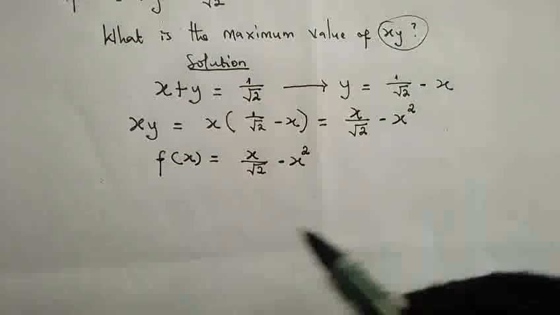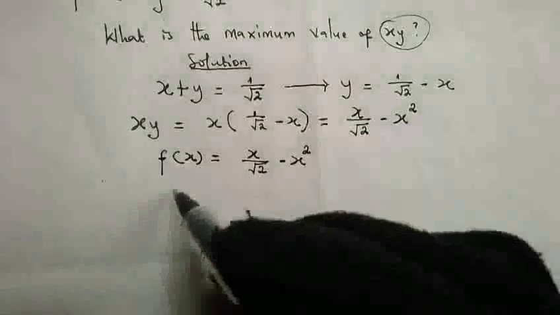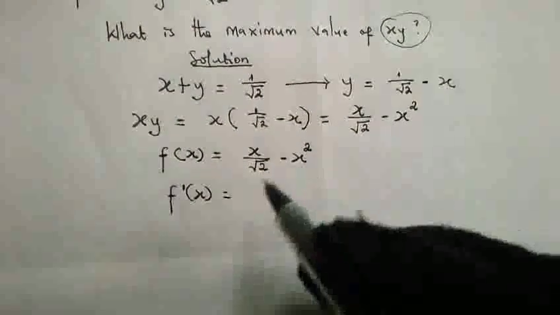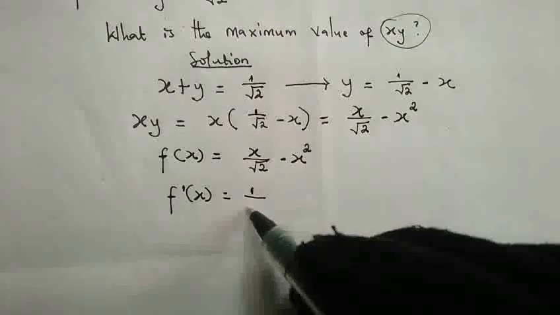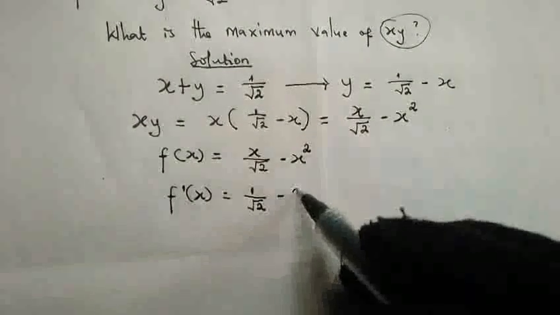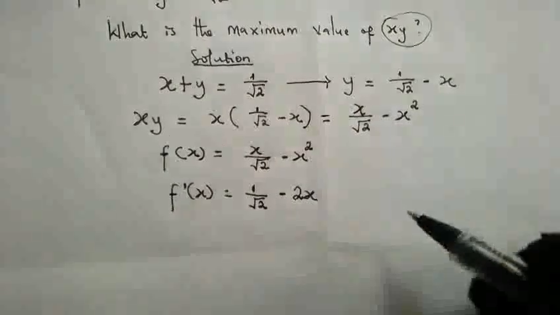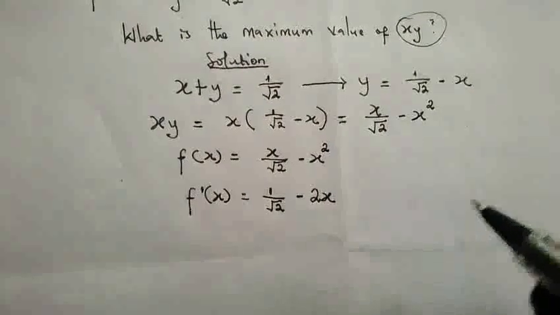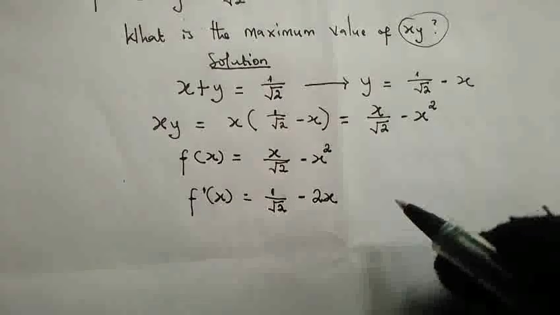So let us differentiate. Here we have f prime of x is equal to 1 over root 2 minus, to differentiate this, we get 2x. So we're going to equate this to 0, since we know that at a turning point, dy/dx equals 0.